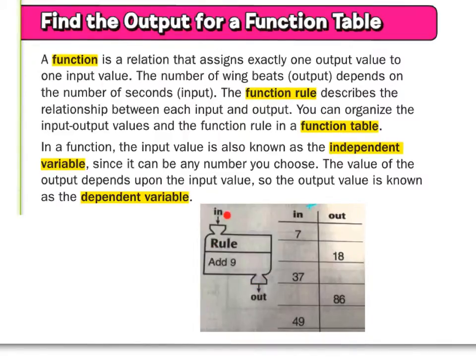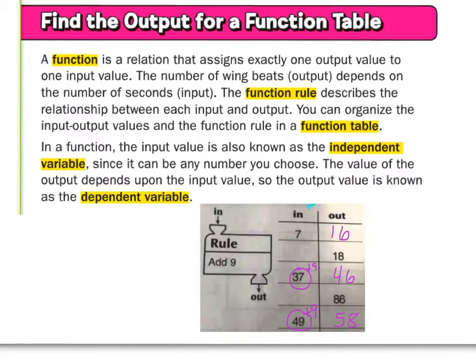If I put in 7, and the rule is add 9, I'm going to get 16 out of the machine. If I put in 37, I would add 9 to it, and out I would get 46. And if I put in 49, I'd add 9 to that, and I would get 58.